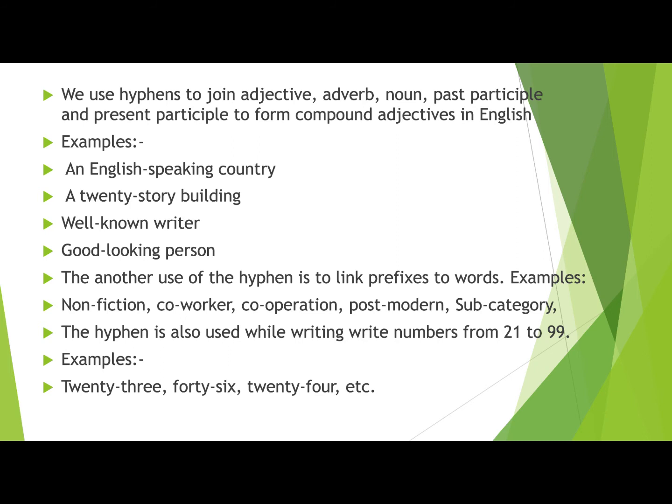Next example, a 20-story building. Well-known writer, good-looking person. In these examples, just notice the words English-speaking, 20-story, well-known, and good-looking. All these words are adjectives as they are giving some information about a noun. In the same way, we can have hyphenated verbs and hyphenated nouns.